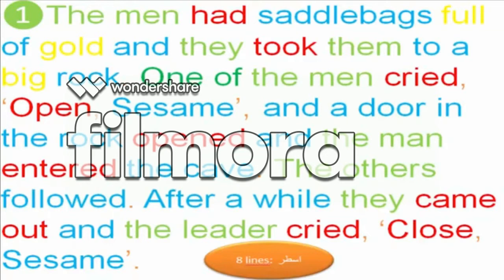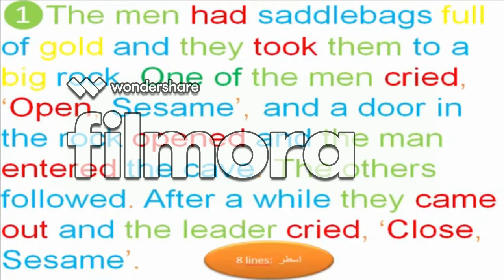One of the men أحد الرجال، أو من بينهم أحد الرجال, cried صرخ, in the past قال, open saying افتح. And a door ثم الباب in the rock في الصخرة opened فتحت.